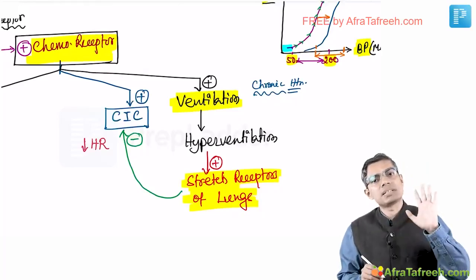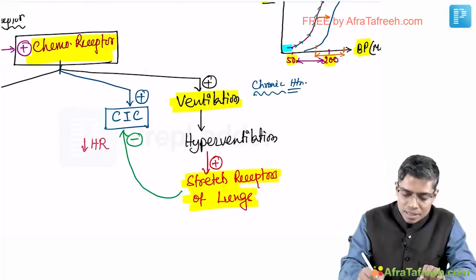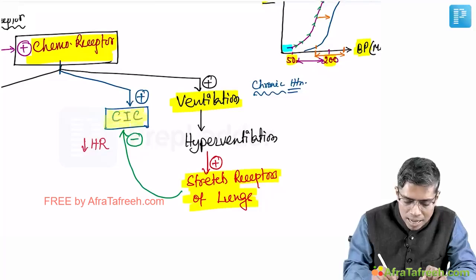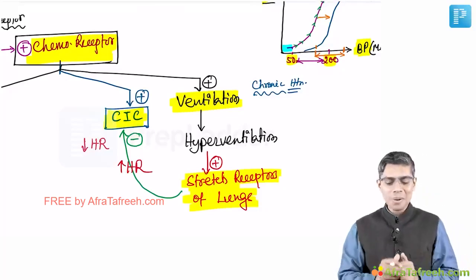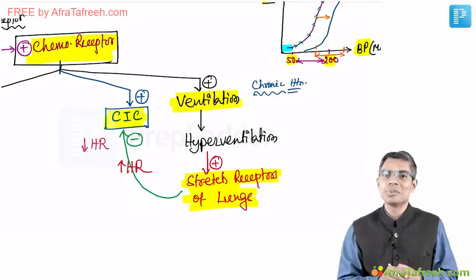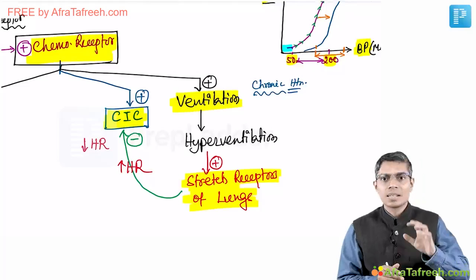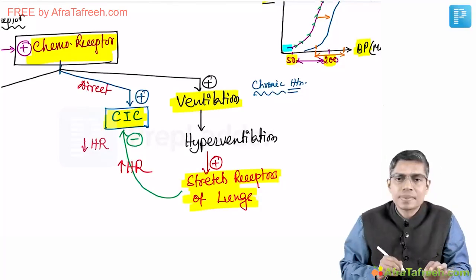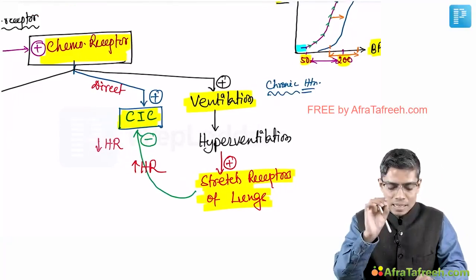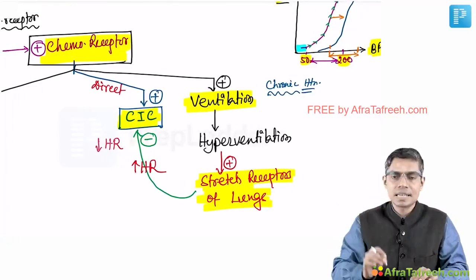or parasympathetic center. So whenever you inhibit this CIC, what will happen to your heart rate? Now the heart rate is going to be increased. So now it becomes a little bit confusing. Confusing means by this direct pathway, if you stimulate the chemoreceptor, it has a direct effect on CIC.